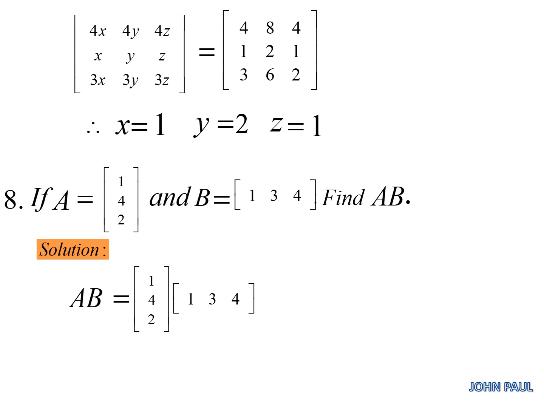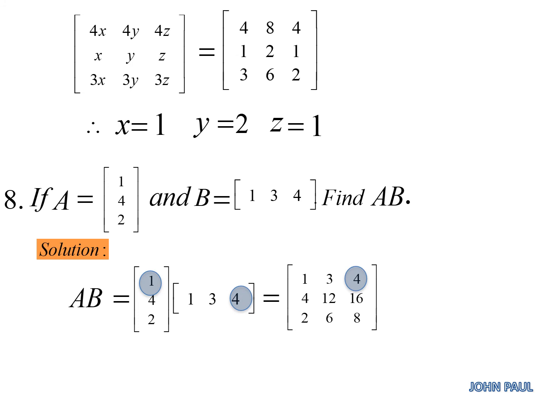Given matrix A, B. Now we'll multiply. We'll take 1 multiplied with 1. We get the value as 1. 1 into 3, 3. 1 into 4, 4.